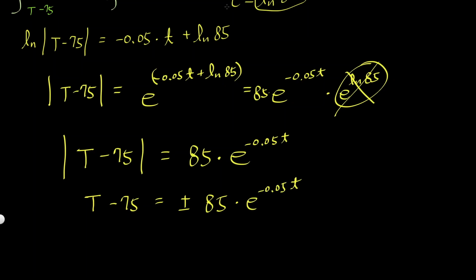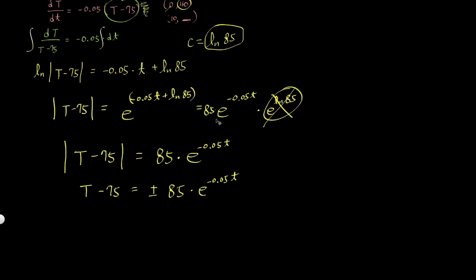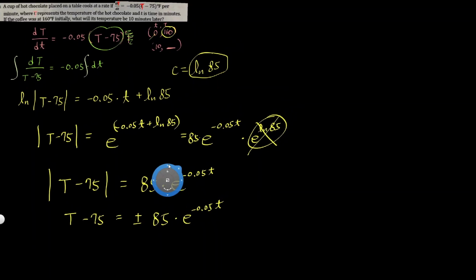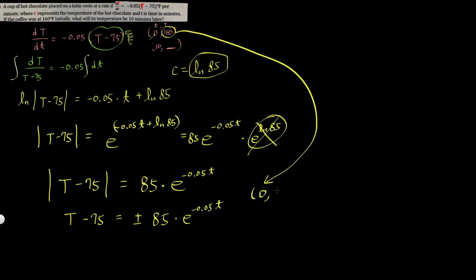We could check by putting in the initial value that we already have, little t equal to 0 and 160, whether it's positive or negative. Let's do that right now.